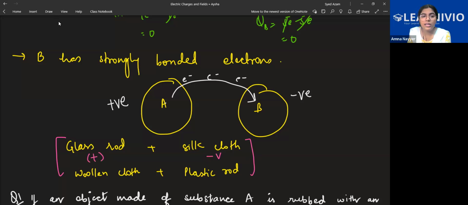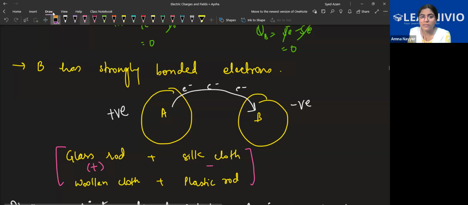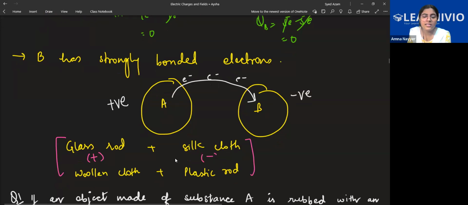If this is the scenario, electron transfer has occurred from which body to which body? From glass rod to silk. That's why this is positive, this is negative. Similarly, woolen cloth acquires positive charge and plastic rod acquires negative charge. This much you can remember just in case of a question. Out of these two, glass rod is of much importance.